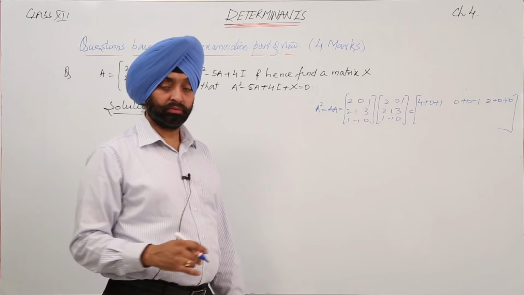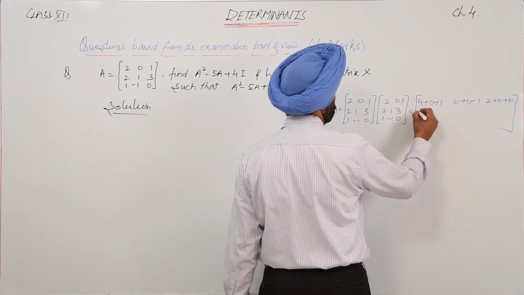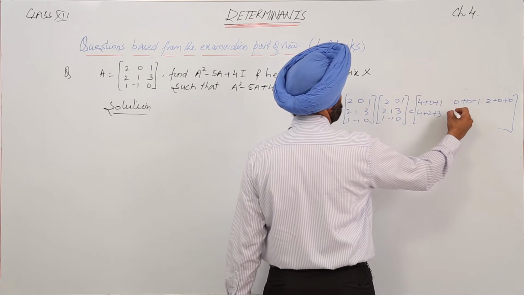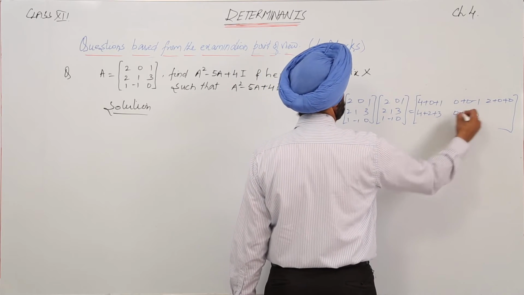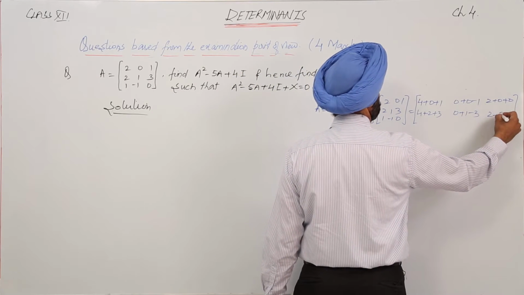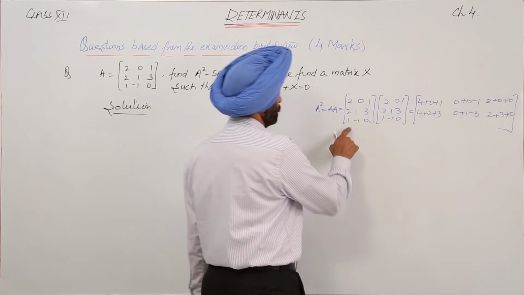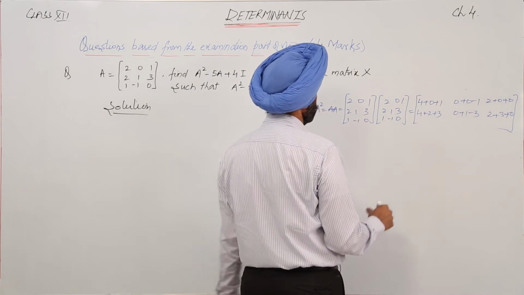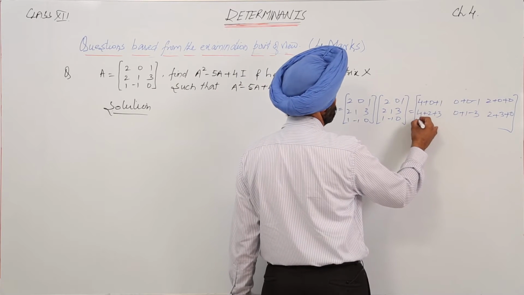Now the second row: 4 plus 2 plus 3, then 0 plus 1 minus 3, and then 2 plus 3 plus 0. Then 1 with 2, minus 1 with 2 and 1, so 2 minus 2, 0.